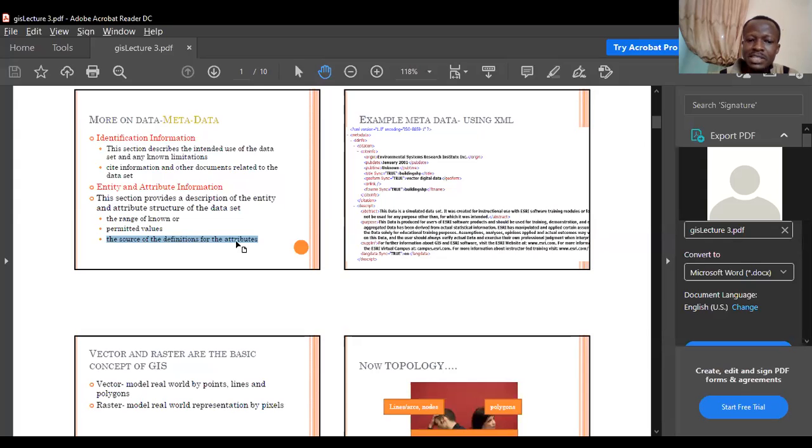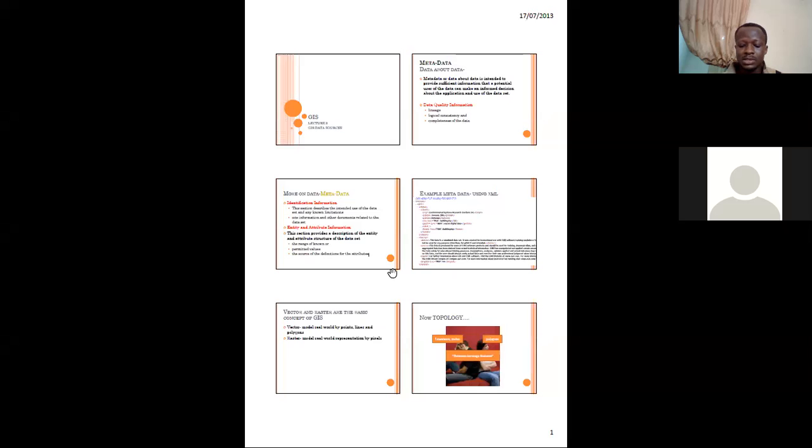Source of definitions for the attributes, the source of the definition. So in other words, when we say the width of a road, what do we mean? We need to provide all that as part of our metadata. An example of metadata is what you are seeing on the board. Okay, so coming up, trying to enlarge the screen.